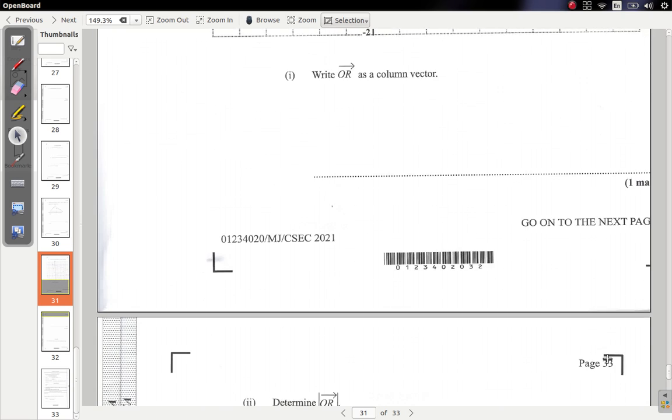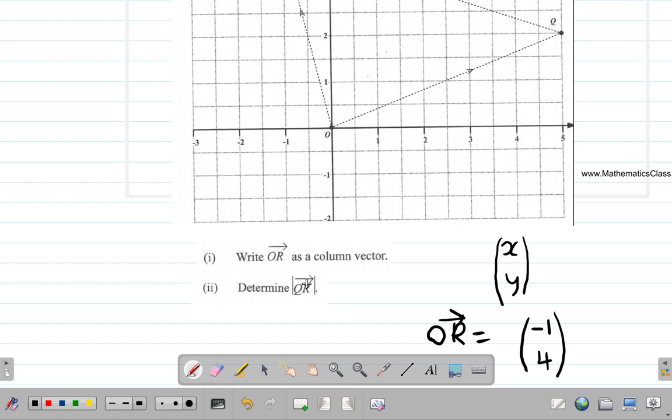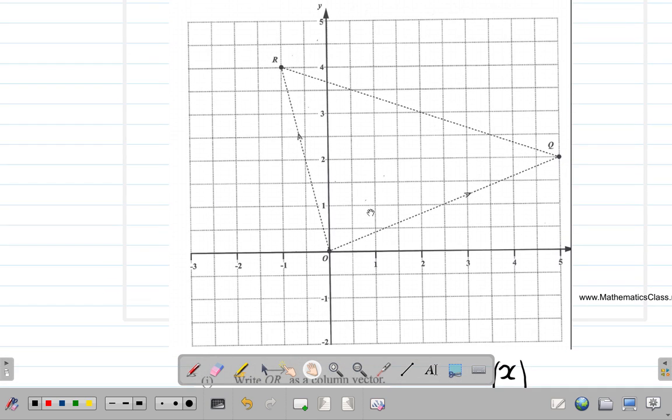But the next part of your task is to determine QR. You must determine QR. What is QR? Now, look at what is happening here. QR runs from Q to R. I will draw two arrows on this.